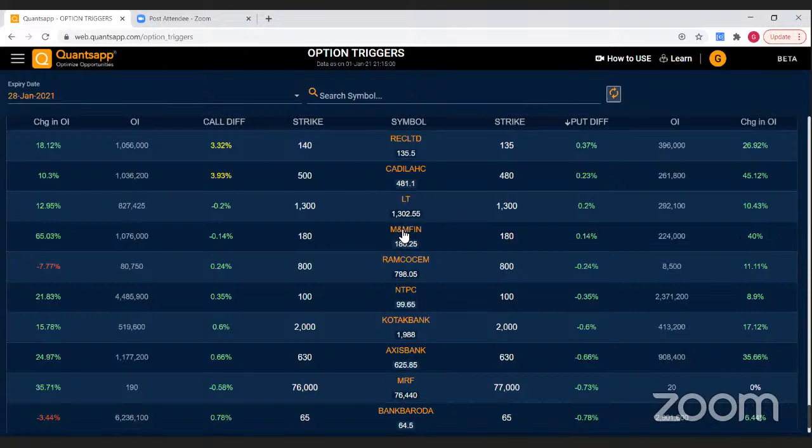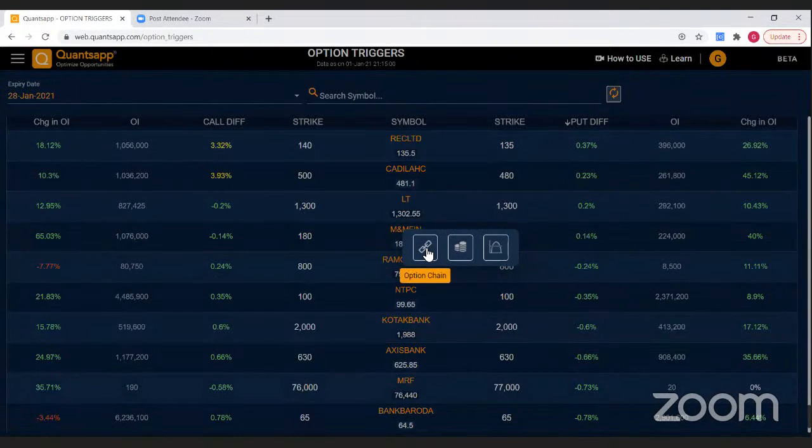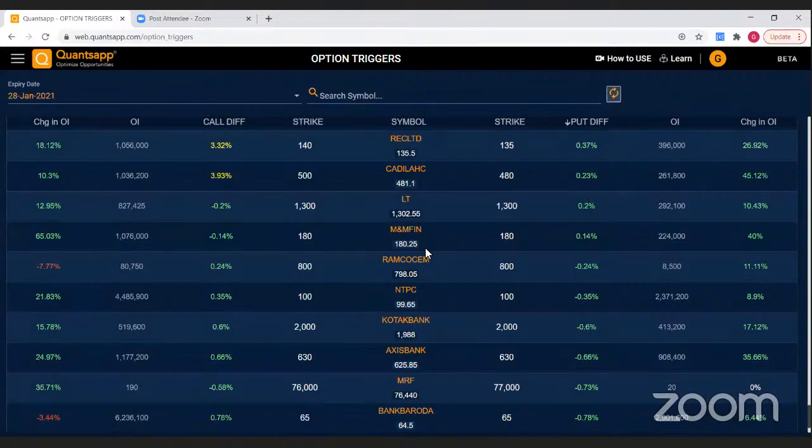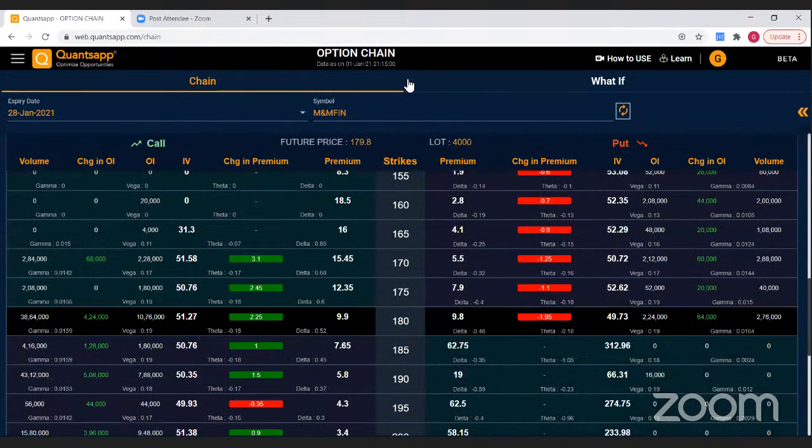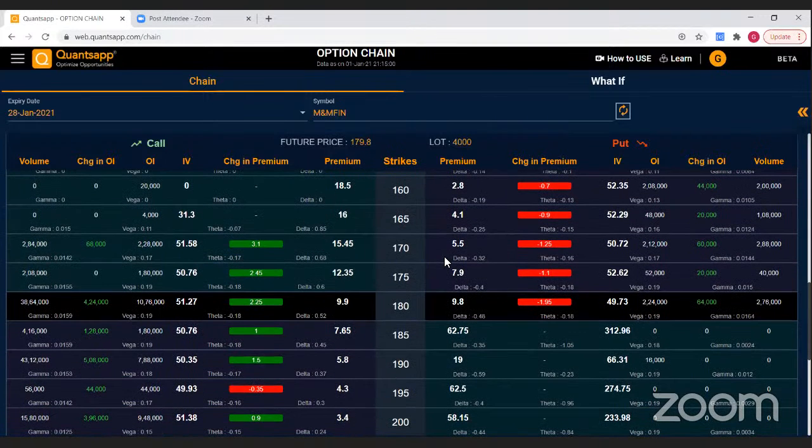So you can see, if I open the option chain, we'll see the broader picture of the option chain of this particular stock. Now this is the option chain where I can see, strike by strike, how the OI is changing for the call and the put.